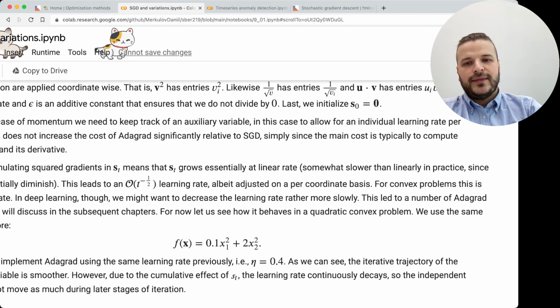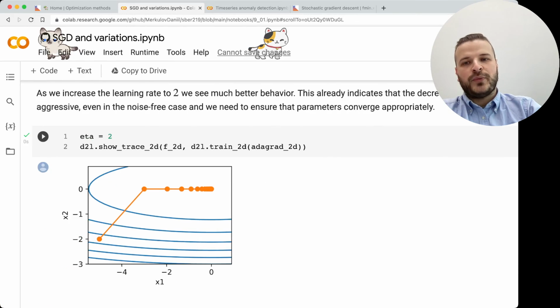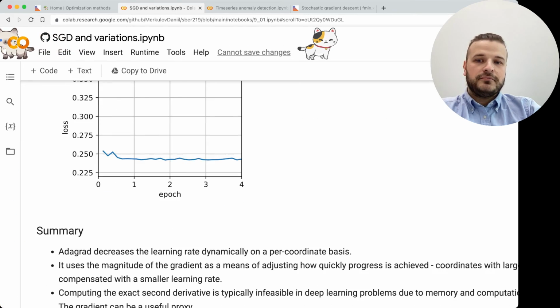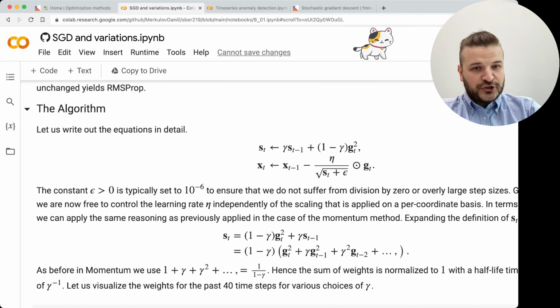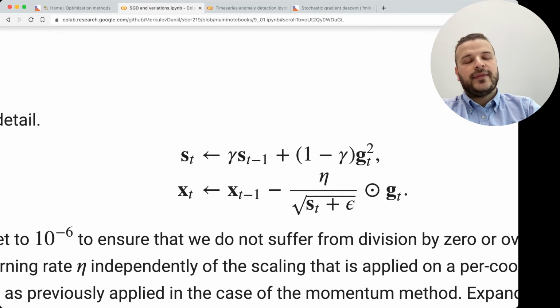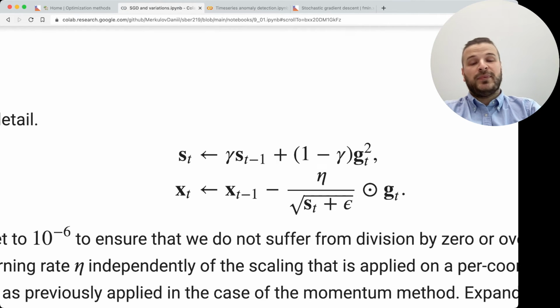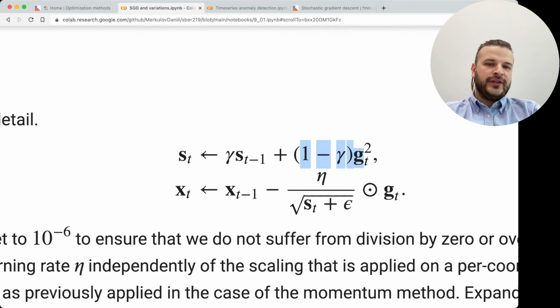That's a problem. That's why we can use not just summation, but weighted summation here. The same idea was applied to the momentum, right?